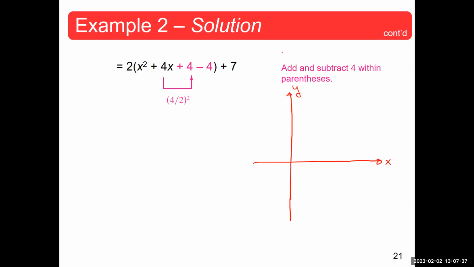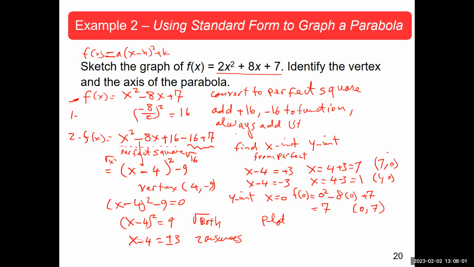What was the vertex? And what was the y-intercept? And what was the x-intercept? If we go back, let's find them.